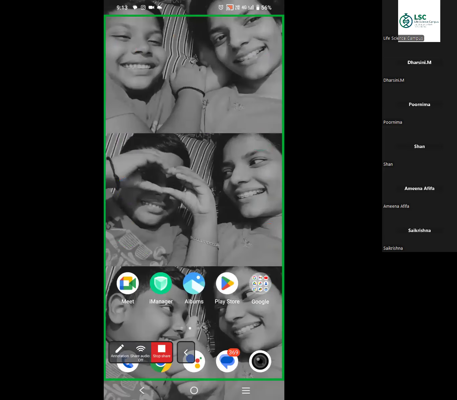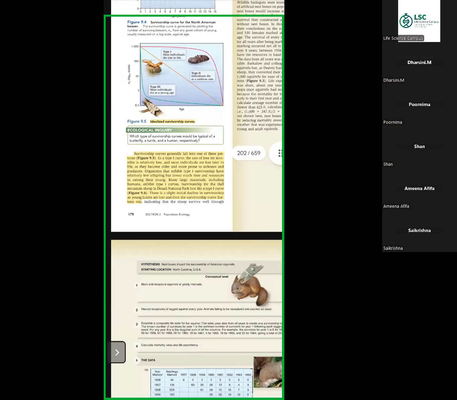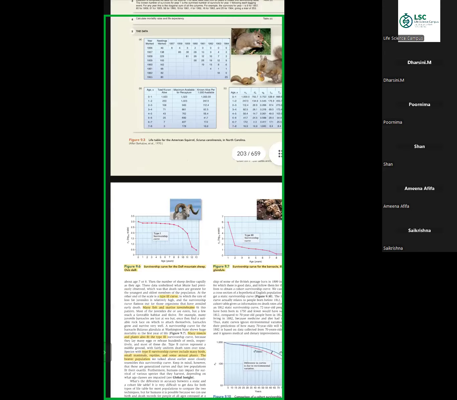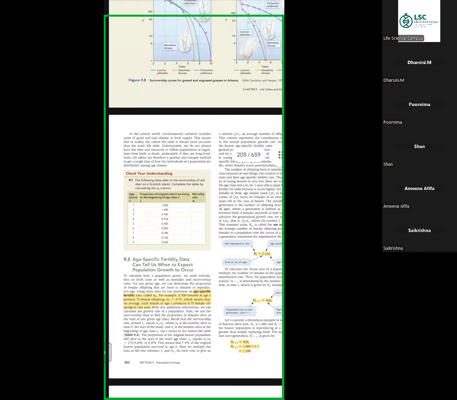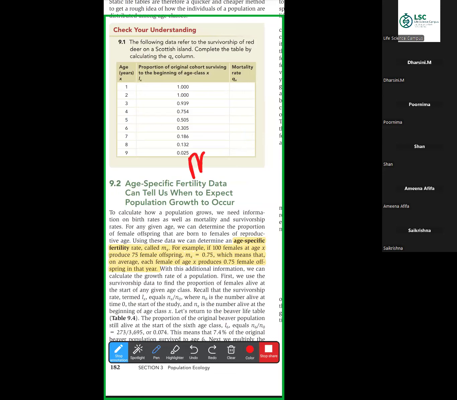So now I am moving to age-specific fertility data. Age-specific fertility data is represented by mx.